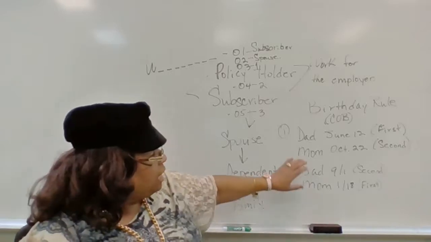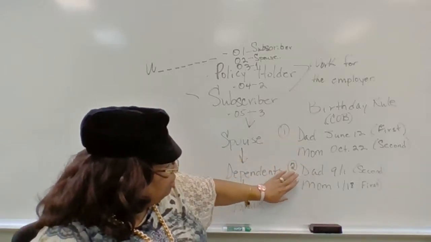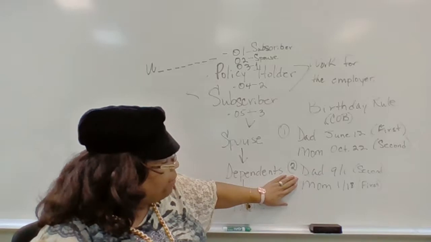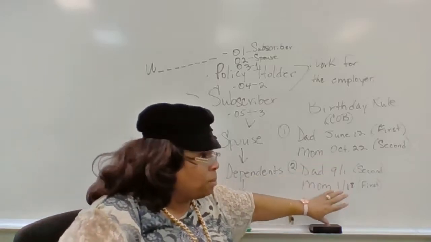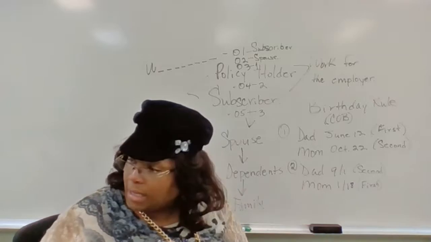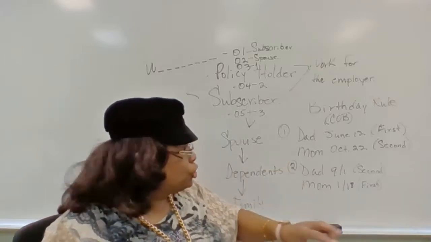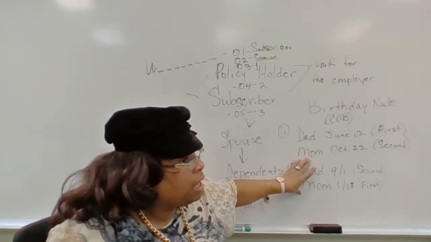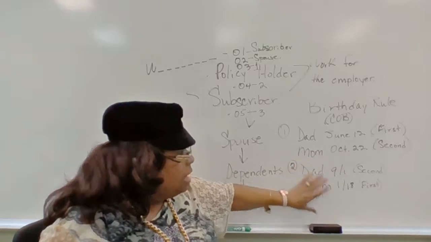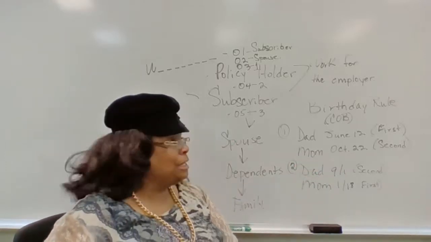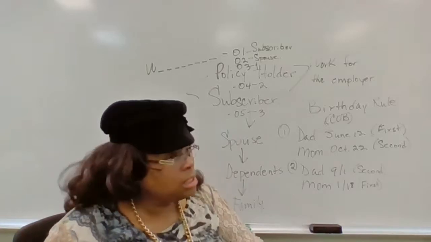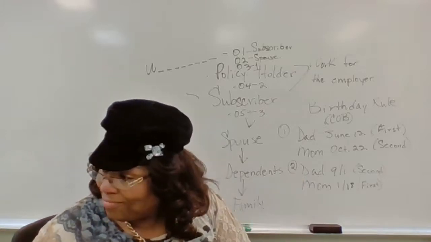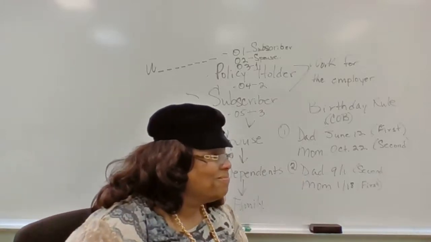If the divorce decree says that the father has to provide benefits for the child, then that negates the birthday rule, because the divorce decree supersedes the birthday rule. So that means daddy is responsible. He's first and second. He's responsible because it said so on the divorce decree. And if daddy doesn't have benefits for the children, guess who's in trouble? Daddy.